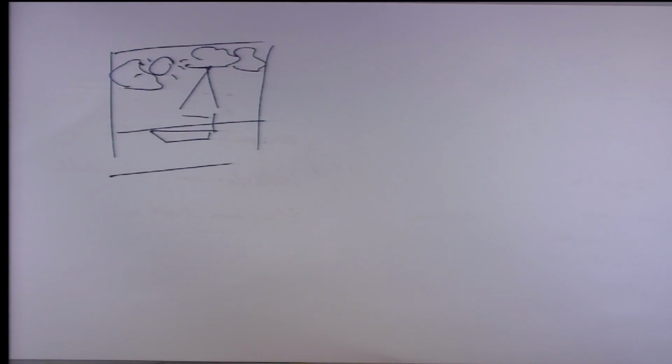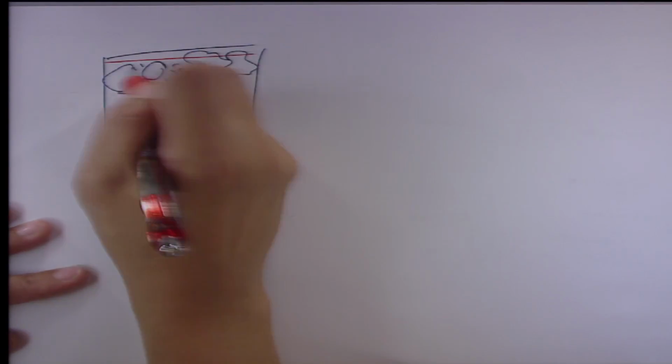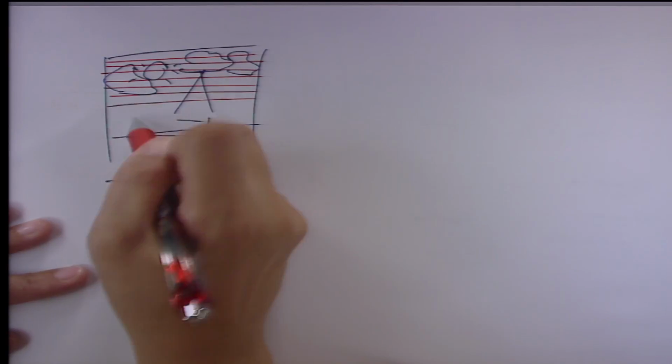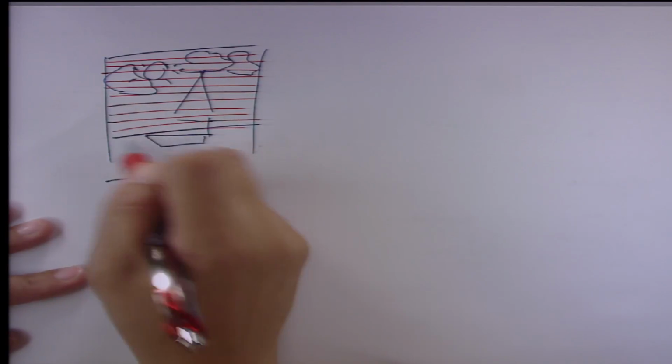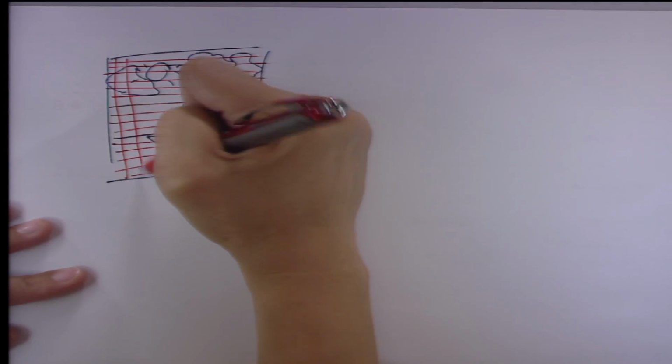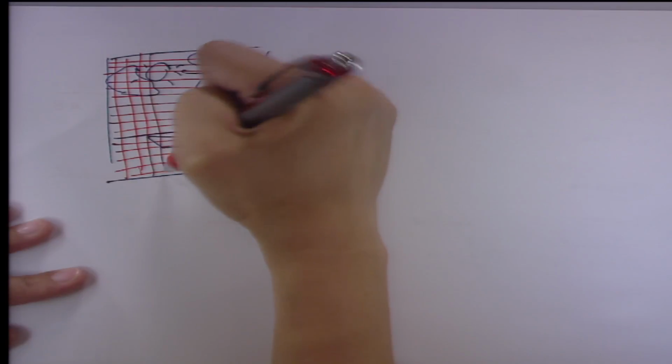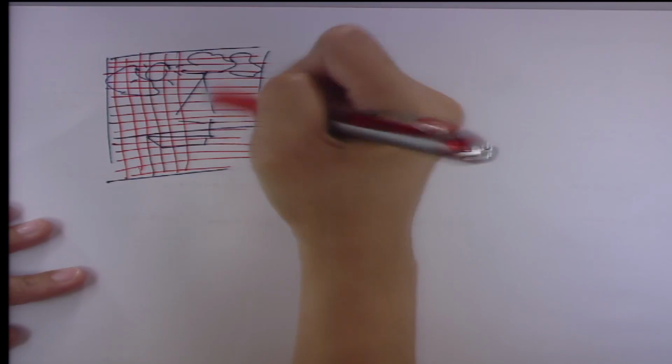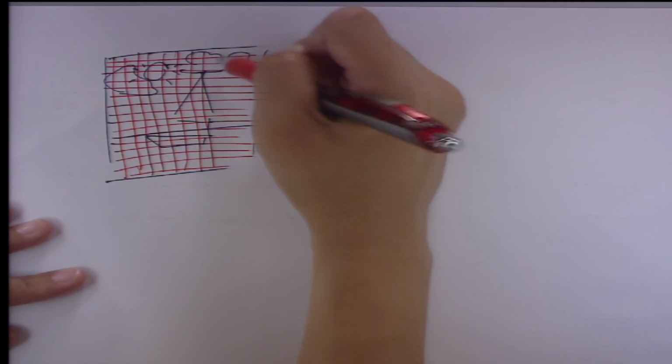Now, when you want to transmit it, you have to quantize it into pixels. You divide the picture into pixels.